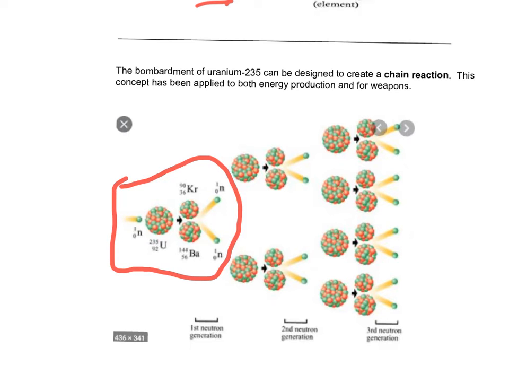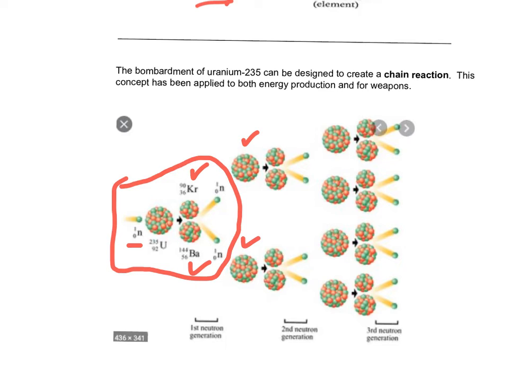We start with our uranium-235, and we bombard with a neutron, and then that forms the krypton and the barium, and we'll say some number of neutrons. But we now have high-speed neutrons that can then bombard other uranium-235 atoms in your sample. So again, this concept will apply to both energy production and nuclear weapons.